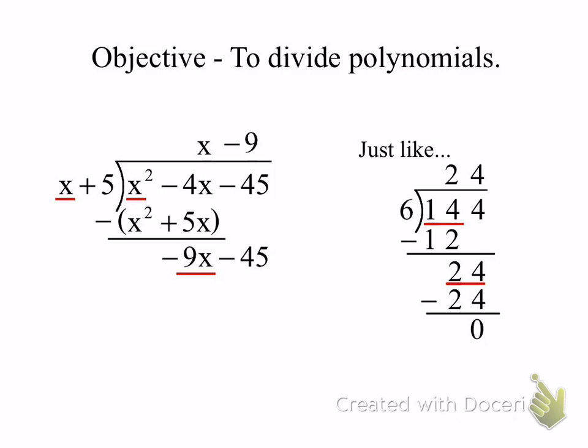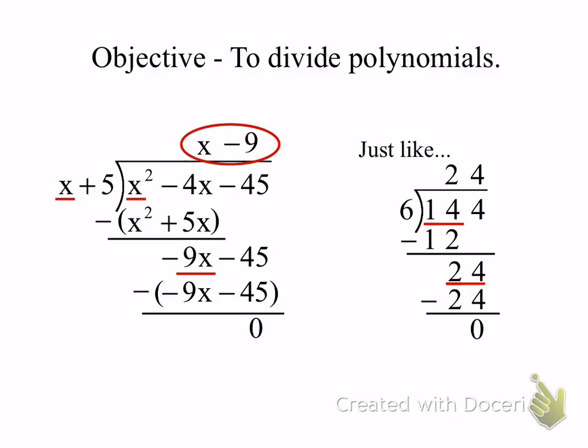When I multiply negative 9 times x, we get negative 9x. Negative 9 times 5, we get what? Negative 45. And I'm subtracting the entire thing. Distribute in, and what do I get? 9x plus 1. Right, and when we subtract, we end up with 0.